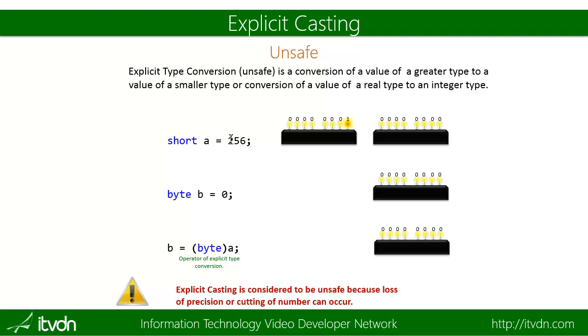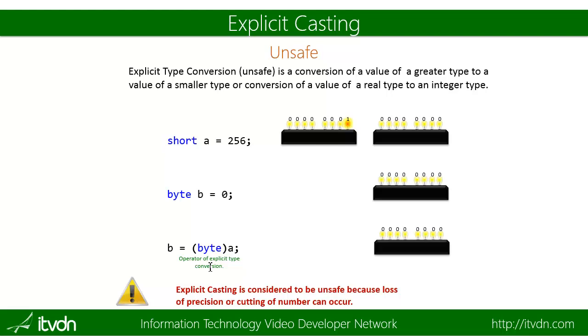But on the other hand, short can hold a greater value. So here we have 256, and to put 256 into a container that can hold a maximum of 255 is possible, but you risk losing the precision. You risk losing some values or digits, whatever.